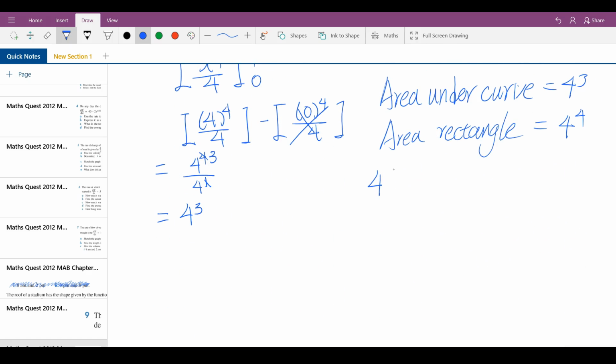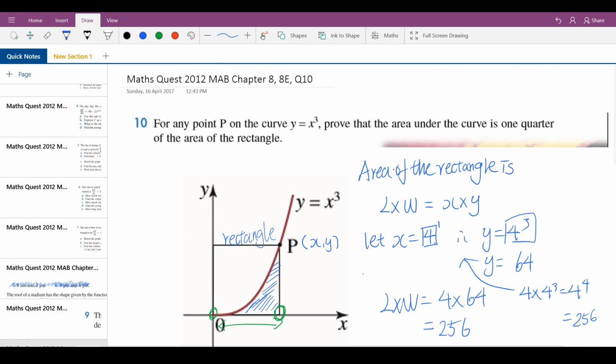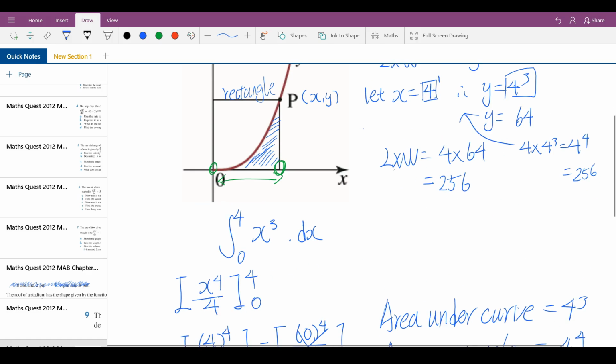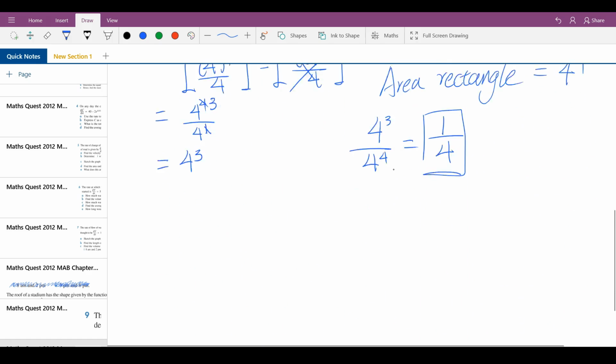So when you go 4 to the power of 3 divided by 4 to the power of 4, isn't that just equal to 1 over 4, which is a quarter? So hence we just proved that the area under the curve is 1/4 of the area of the rectangle. So we proved it. It is 1/4.